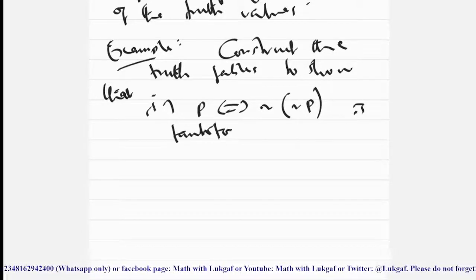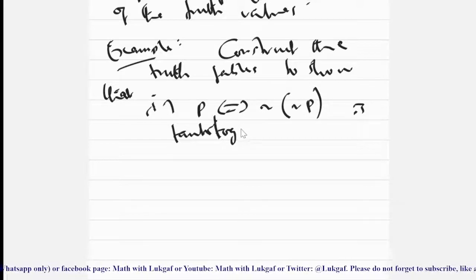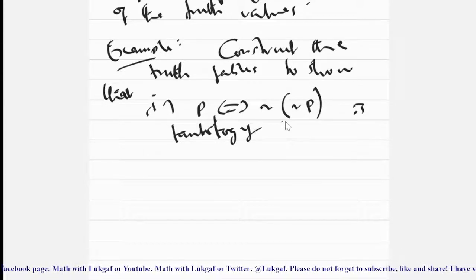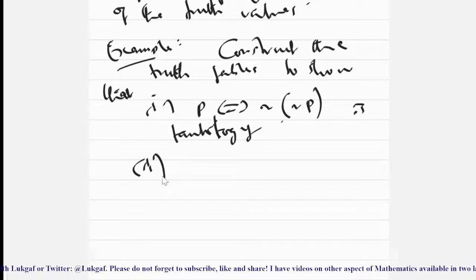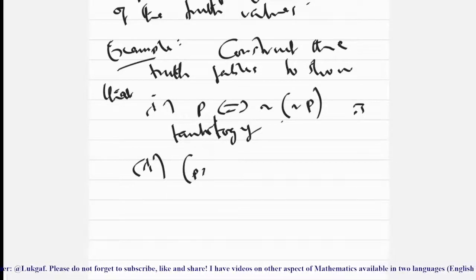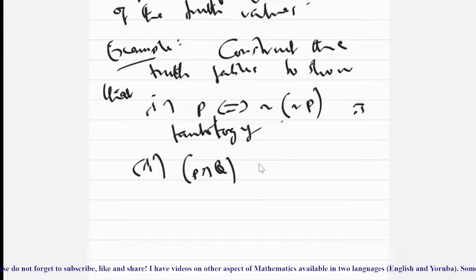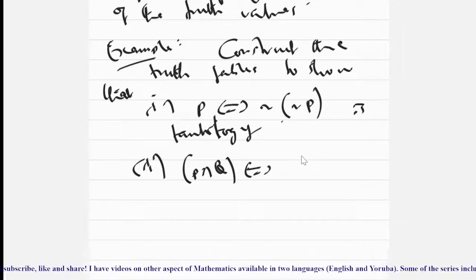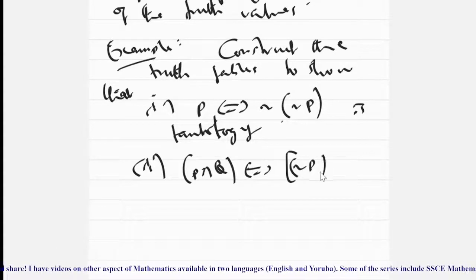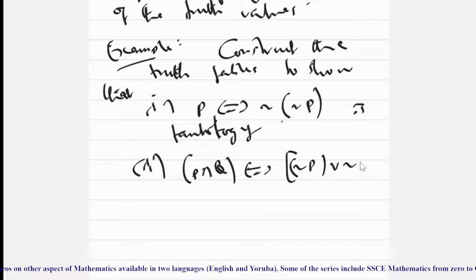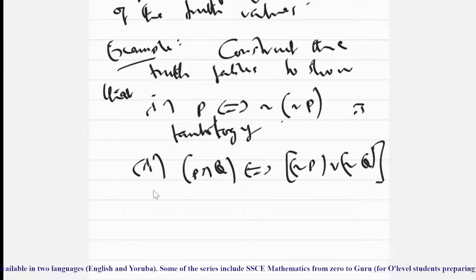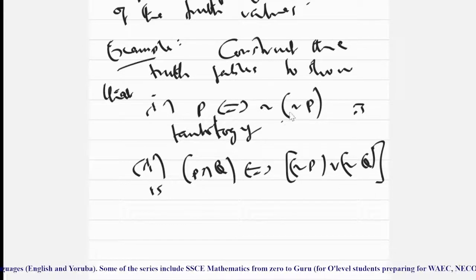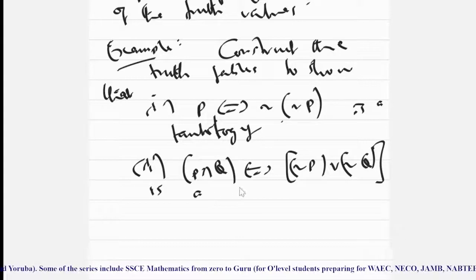That is when the compound proposition gives true every time, irrespective of the combination of your truth values. And the second question is P and Q implies, you see this combination of what we've done before, P, negation of P, negation of Q, is a contradiction.